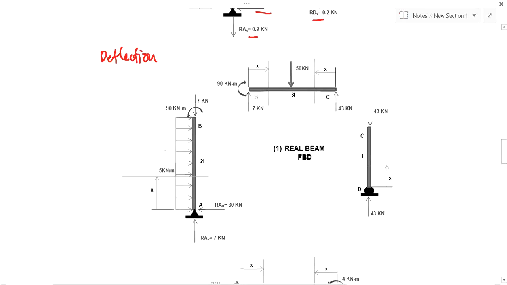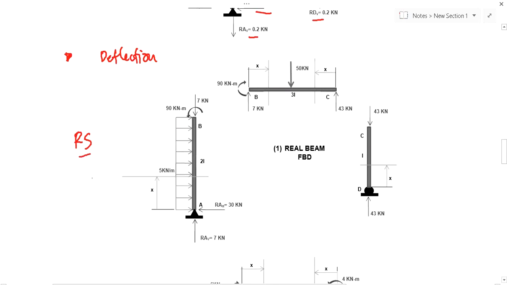Okay, so for deflection, we have here our real system, and later makikita nyo yung virtual system natin. So to solve for the deflection, the segments of the real beam should be the same for the virtual diagram of our deflection. Let's take this as our real system.